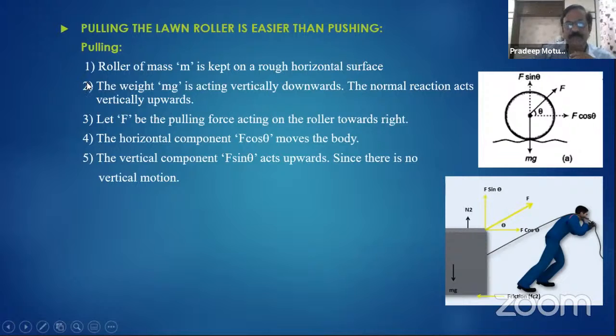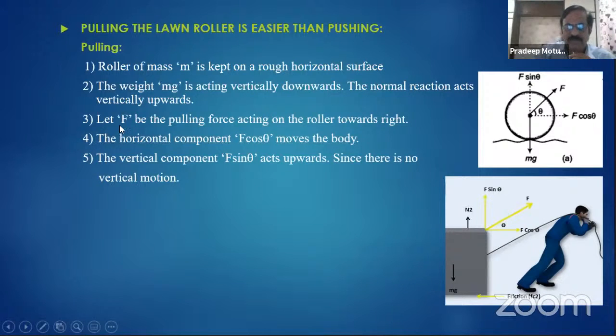Again, I am repeating. A roller of mass m is kept on a rough horizontal surface. The weight mg acts vertically downwards. The normal reaction acts vertically upwards. Let F be the pulling force acting on the roller towards the right.